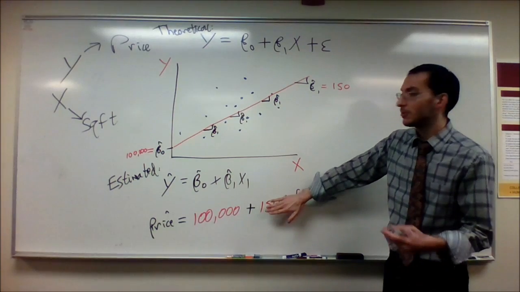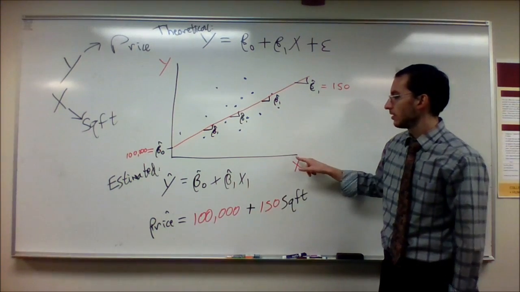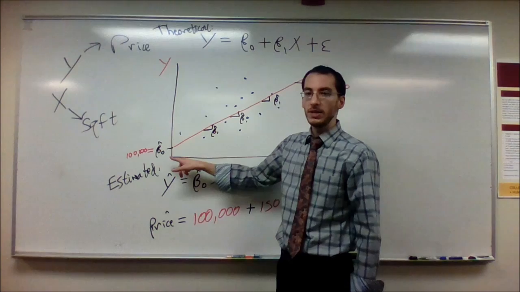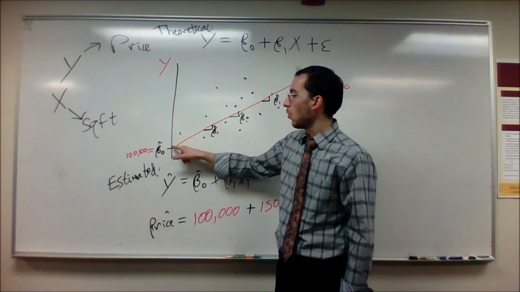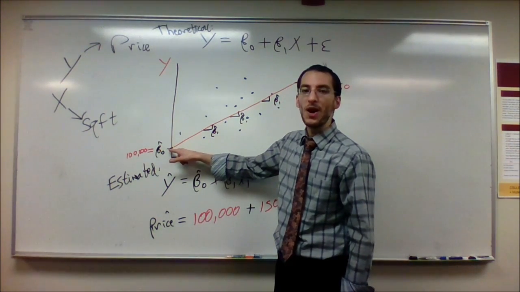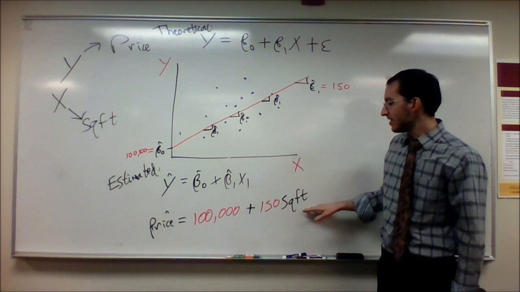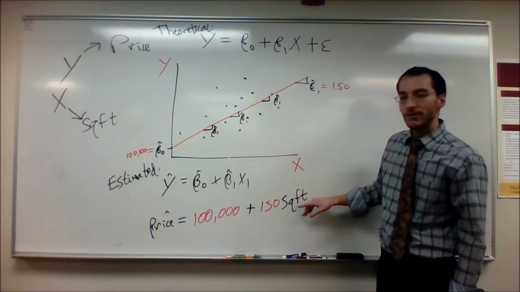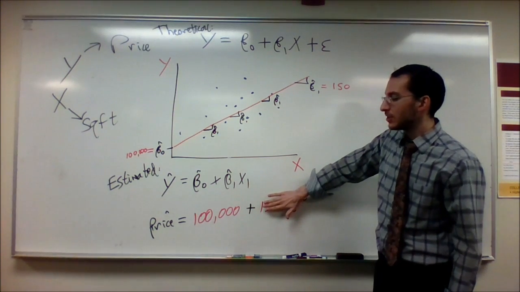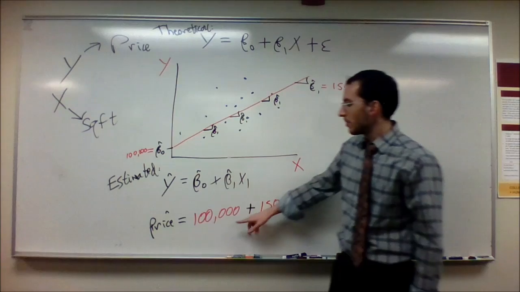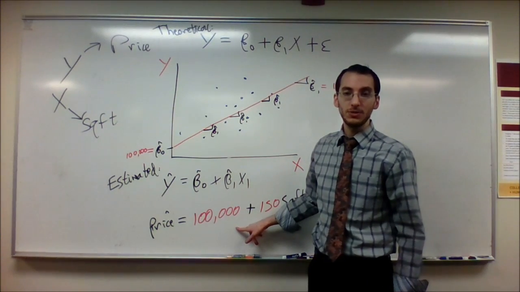That's our usual interpretation of an intercept. Go on my x-axis, go all the way to 0, and where does my line cross my y-axis? So what it's saying in this case is at square feet equal to 0, I predict an average price for my house of $100,000.